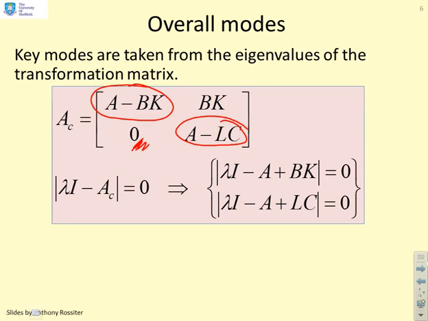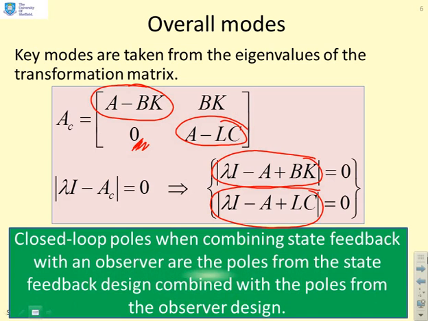So what do you notice? The closed loop eigenvalues come from the eigenvalues of A minus BK and the eigenvalues of A minus LC. So the closed loop poles, when combining state feedback with an observer, are the poles you get from the state feedback design and the poles you get from the observer design.